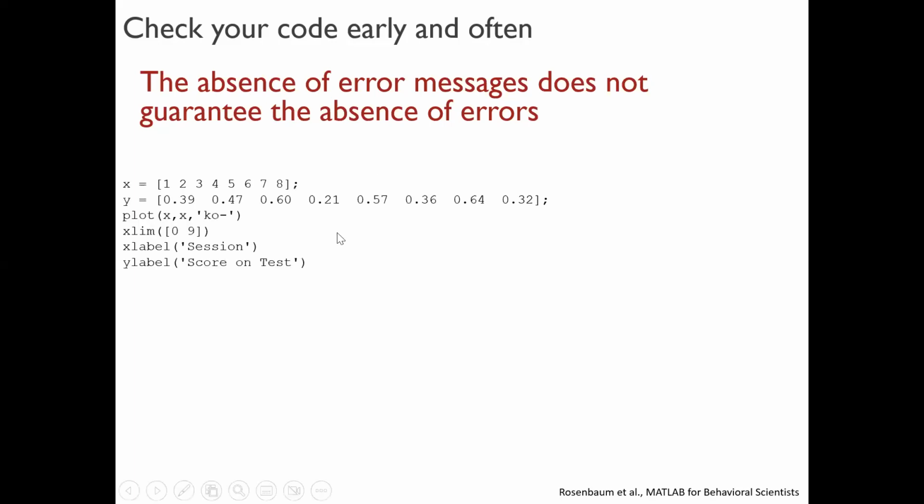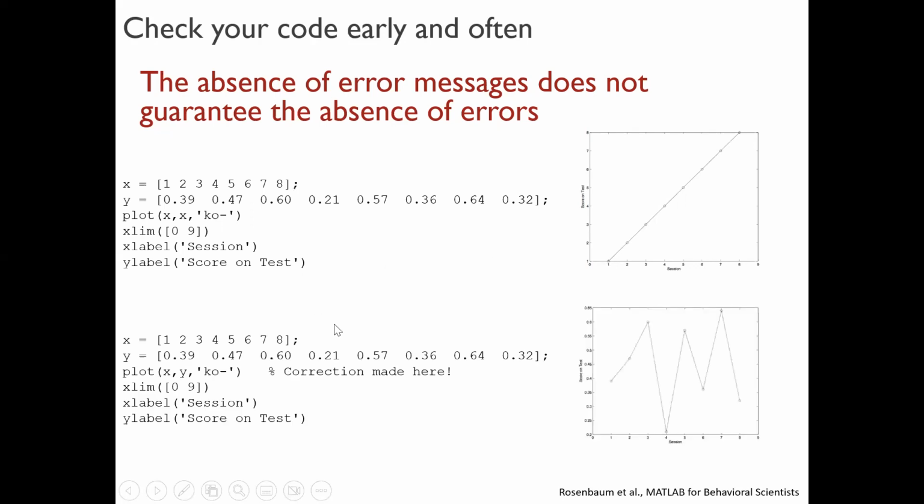So here are two examples. Here I have two variables, x and y, and I want to plot x versus y. Right? So this is actual MATLAB code here. And from this code, I get a figure that looks like this. Okay? So you can run the code, you don't get any errors, but it produces a figure. Okay? However, there's a problem here.